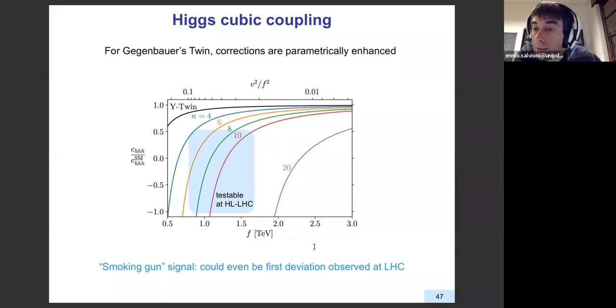The quartic, yeah, we looked at it indeed, and it is a factor of a few different. For these benchmarks I was telling you about, it would be a factor of a few away from the standard model. The problem is that experimentally it's a very difficult problem.